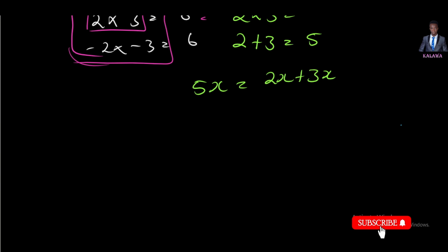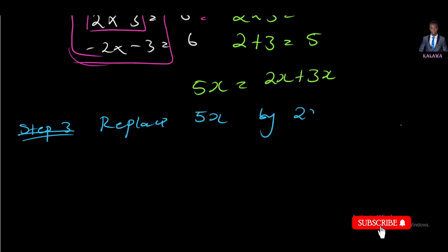Now, since we have done this, what next? Step 3 is saying that we should replace 5x by this expression, 2x plus 3x, in the given expression.